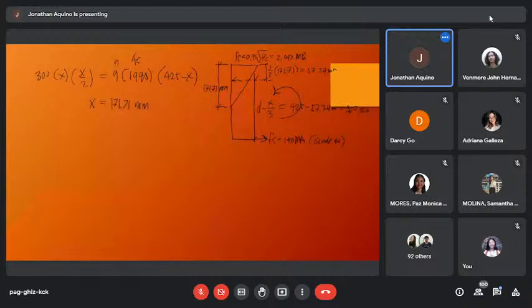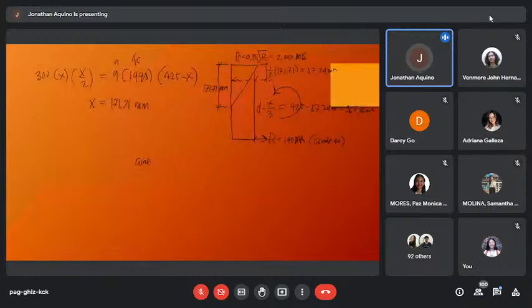So considering steel, you can take moment either on this side or on the compression side. Okay? So take a moment about the steel section. So moment capacity is equal to, kukunin na natin volume.